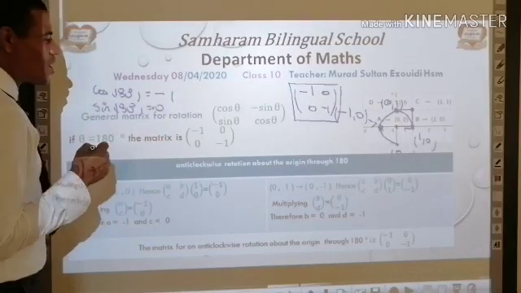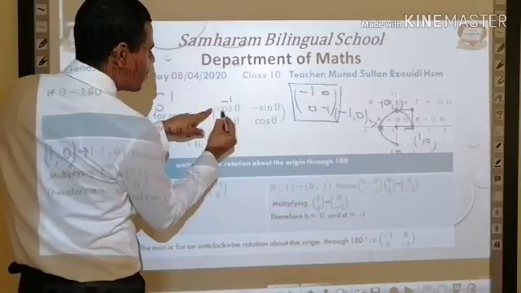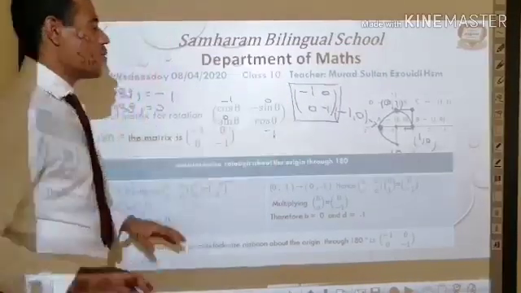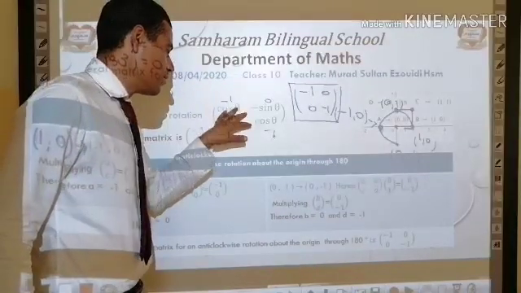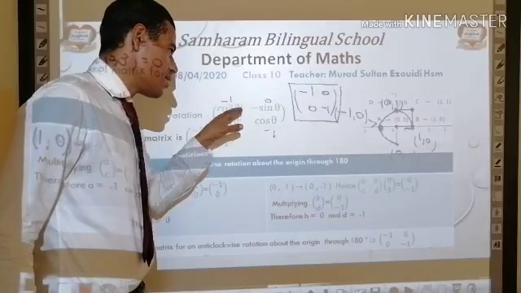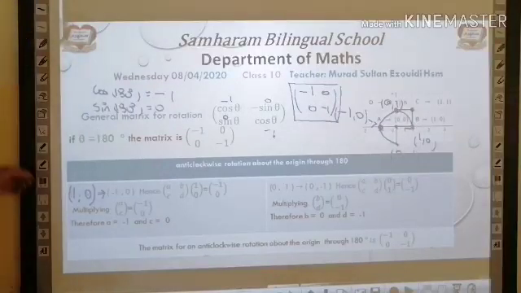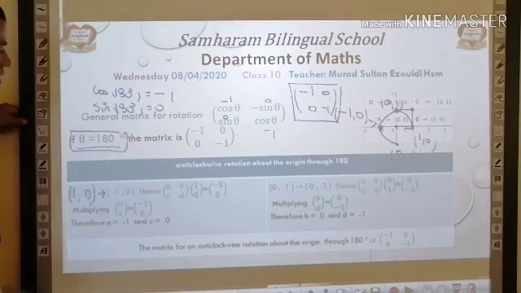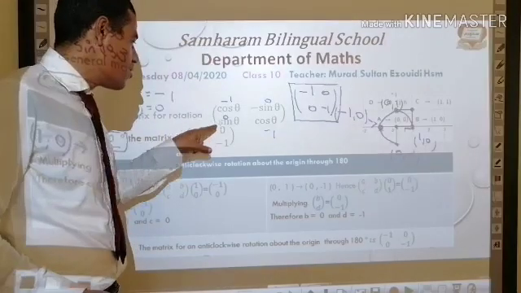So cosine of 180 is negative 1, this is 0, this is 0, and this is negative 1. This is the same matrix, I just substitute theta equal to 180 into the trigonometric functions inside the matrix. So the matrix for an anti-clockwise rotation about the origin through 180 degrees is negative 1, 0, 0, negative 1.